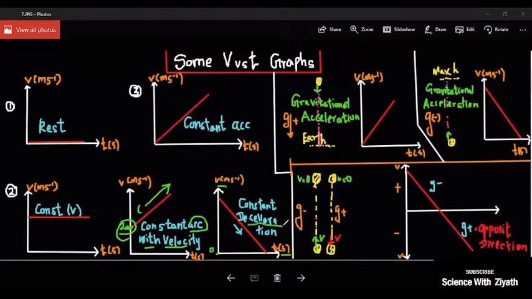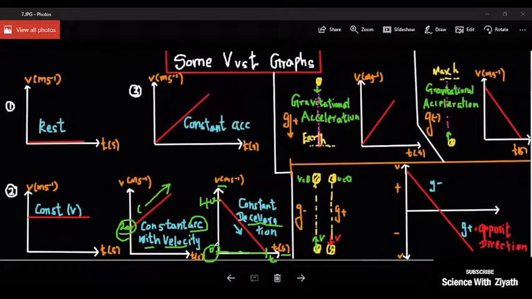For example, if it's 40 ms minus 1 and it comes down and becomes here, it would be a time here, but don't see this time. What is here? 0.